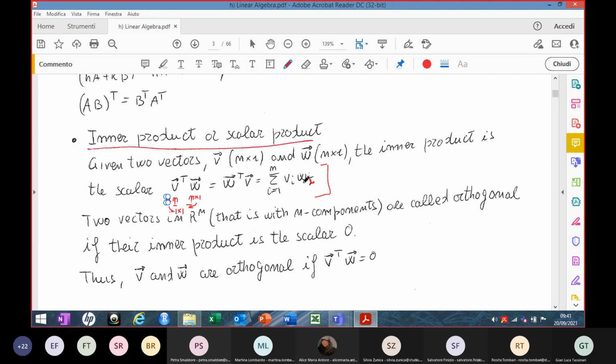V1 times W1, plus V2 times W2, plus V3 times W3, plus etc., Vn times Wn. So how can you perform the scalar product? Simply you have to multiply the first element of this vector times the first element of this one, plus the product between the second element of this vector times the second element of this vector, and so on and so forth.